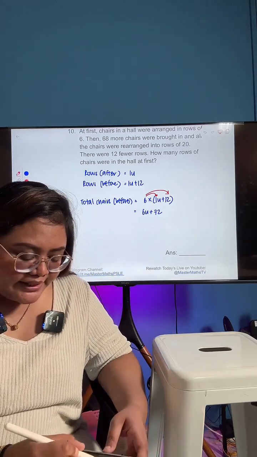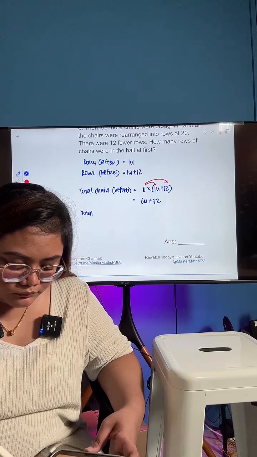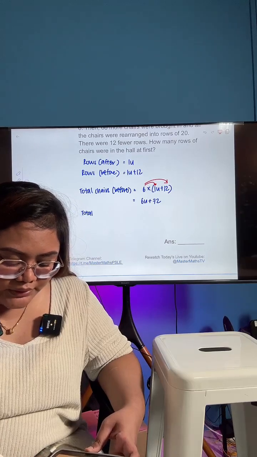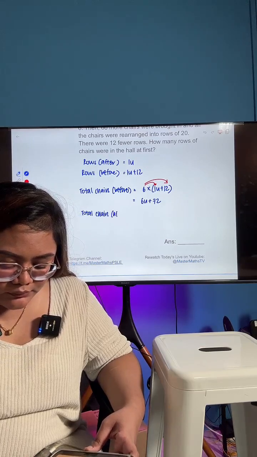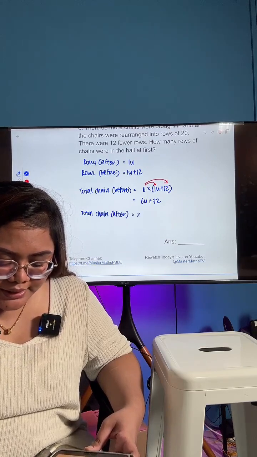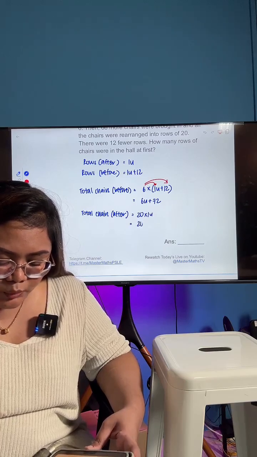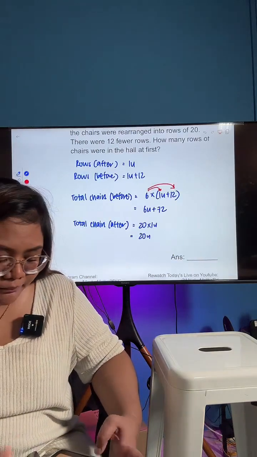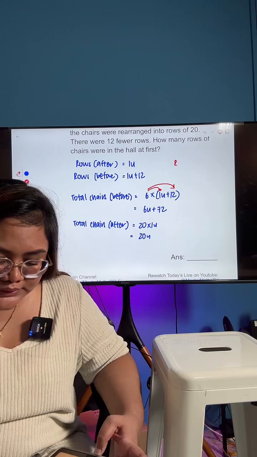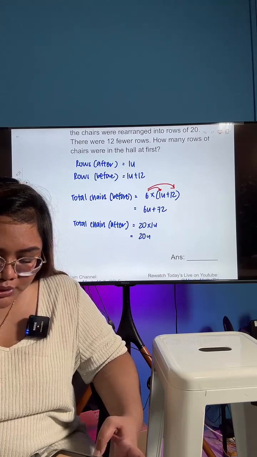Then the total chairs after will be, each row got 20. And there are 1 unit worth of rows, so that will be 20 units. One more time: rows times chairs in each row.